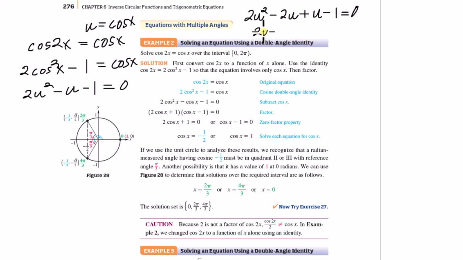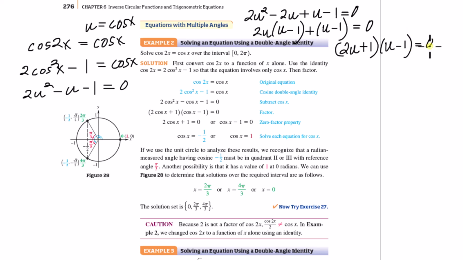Okay, so 2u times u minus 1 plus u minus 1 is equal to 0. So 2u plus 1 times u minus 1 is equal to 0. So we've got u is equal to minus 1/2 and u is equal to 1.